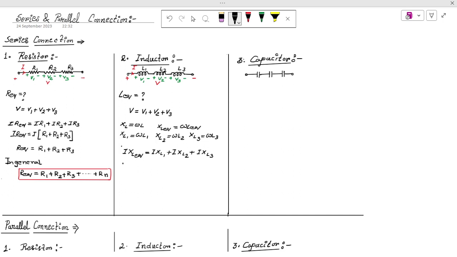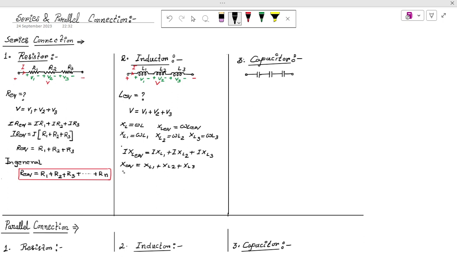So here if we take a common I, I will be cancelled, and you know XL equivalent equals XL1 plus XL2 plus XL3.